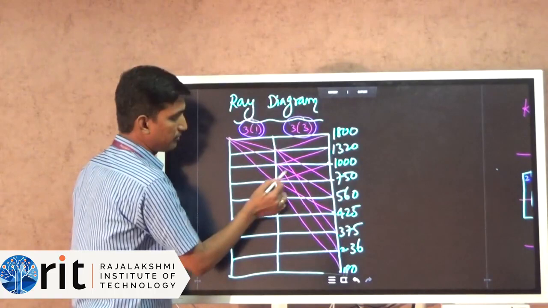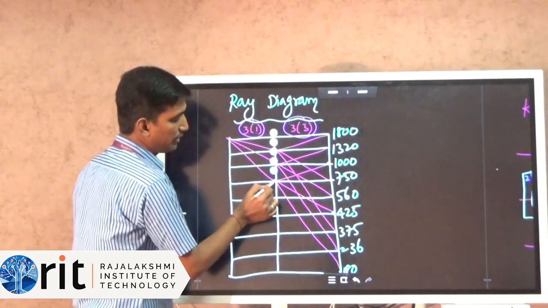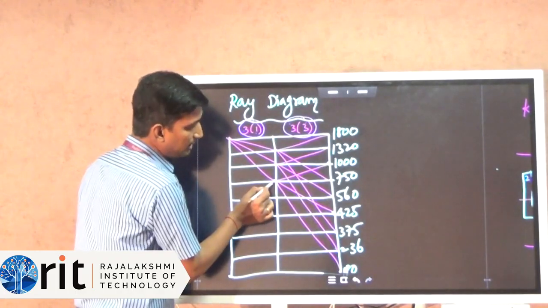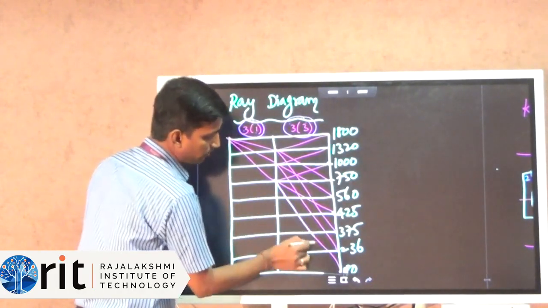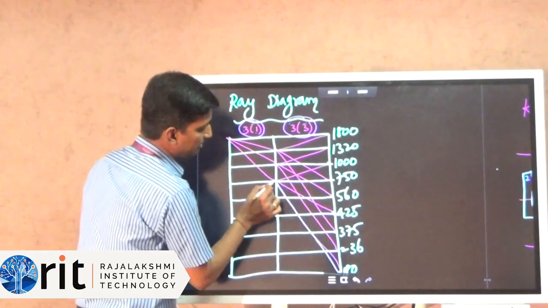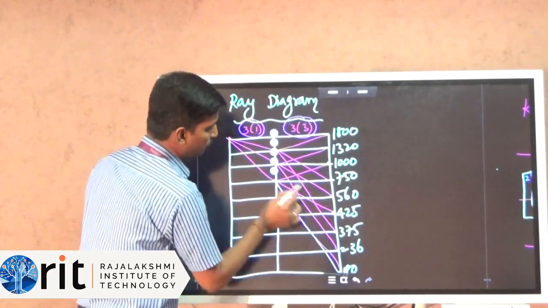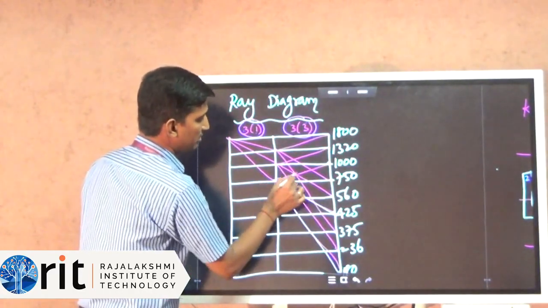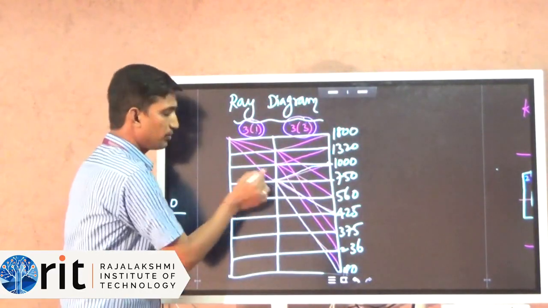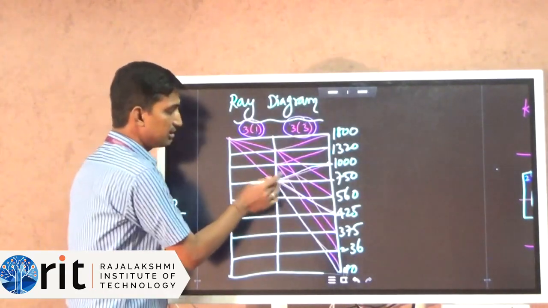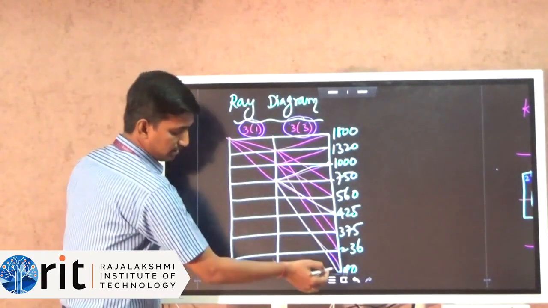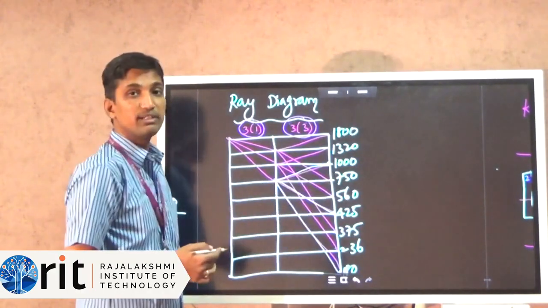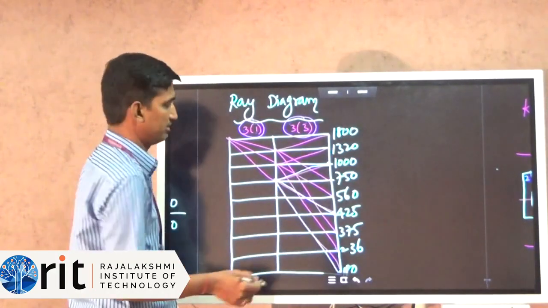Now I am going to join this 750 to this 180, similarly this 750 to this 425, and then this point to this 1000. For this particular stage, I have manipulated the three speeds: the first speed is 180, the second speed is 425, and the third speed is 1000.